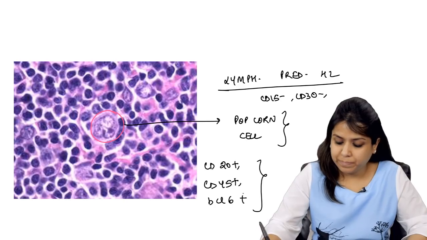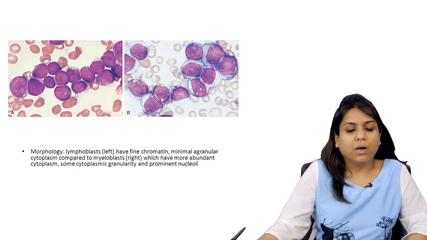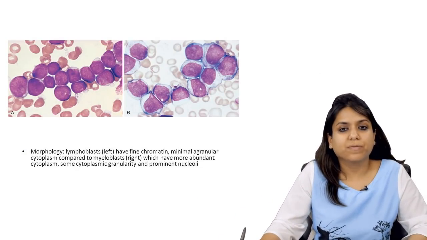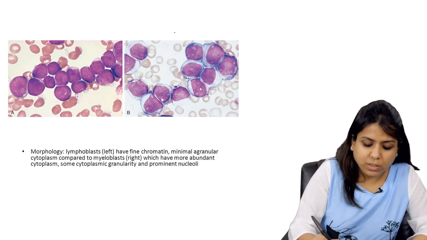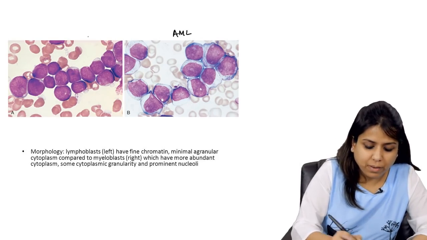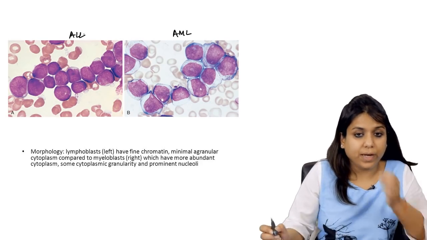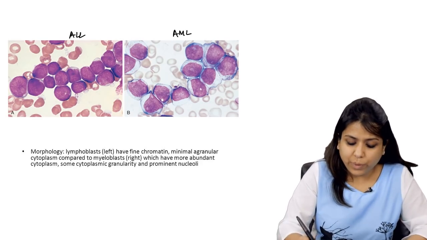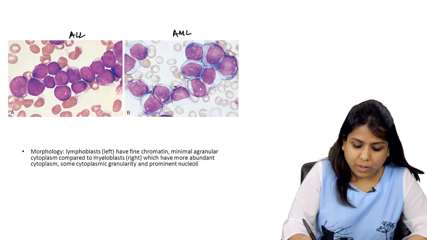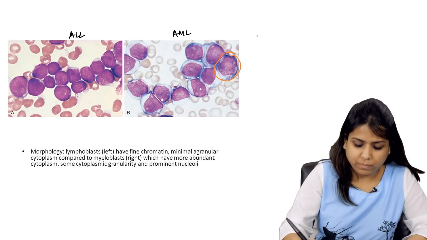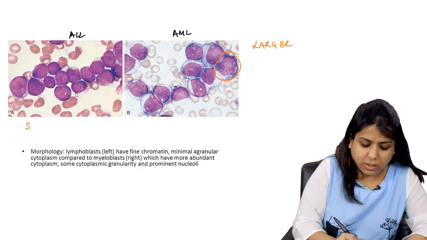Clear? Next image, students. A very beautiful image to show the differences between a lymphoblast and a myeloblast. So this is a patient of AML. This is a patient of ALL. When I see this cell, students, can you appreciate this cell? It is larger. This cell is smaller.